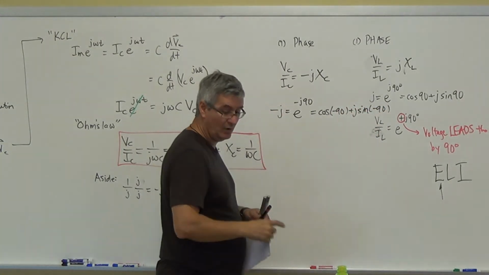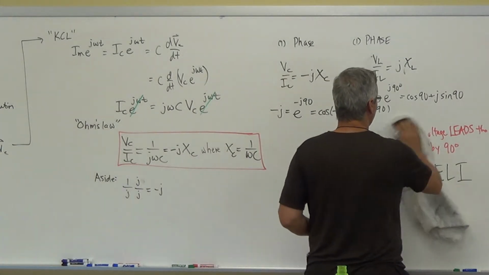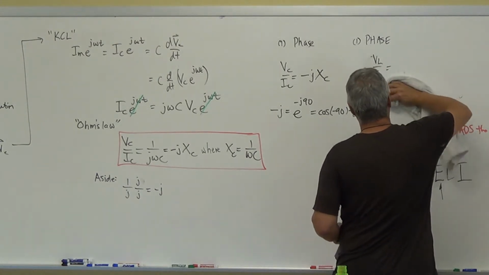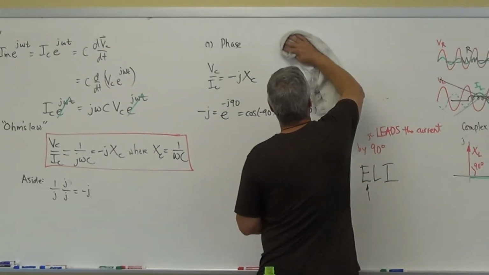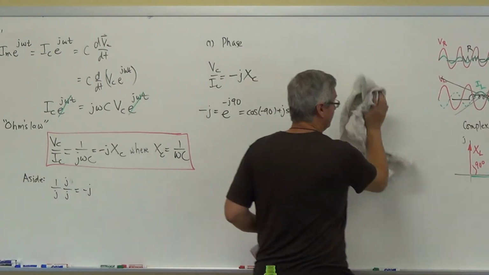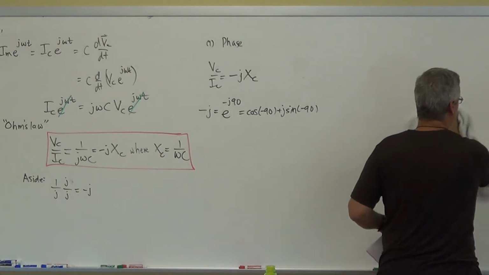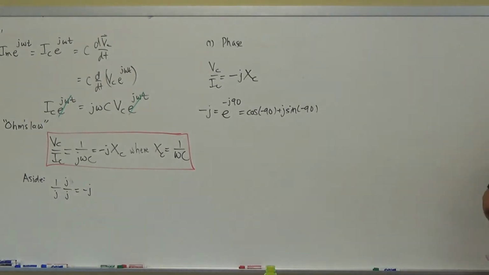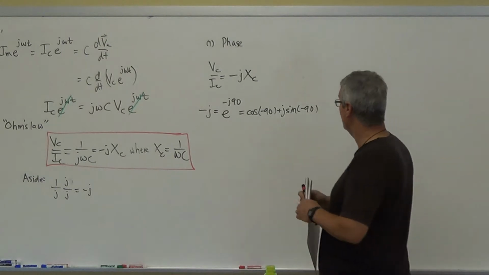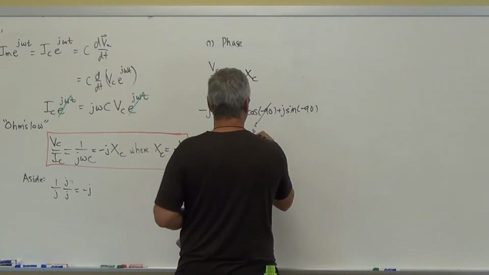And as you already know, sine of minus 90 is minus 1. So this term is 0, and I get, of course, minus j here.